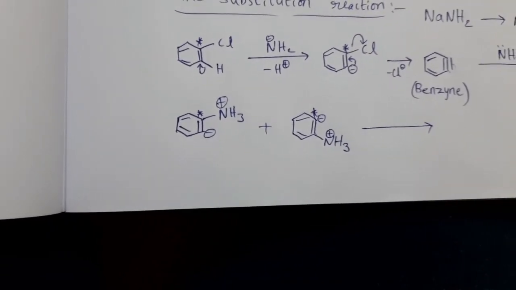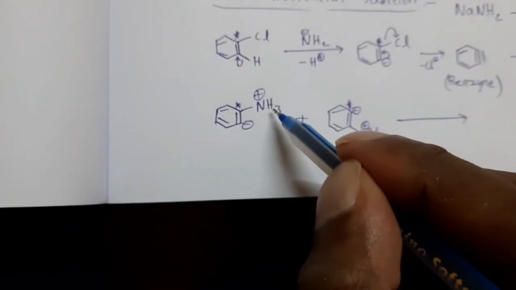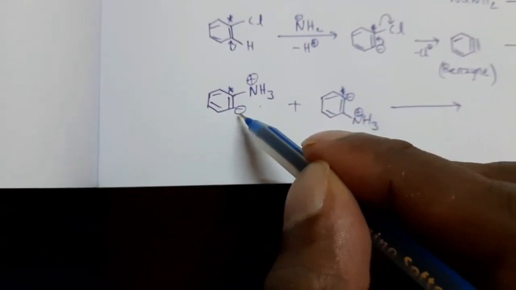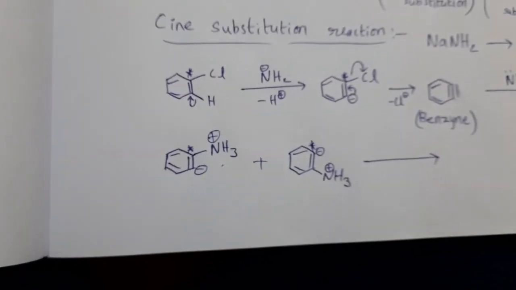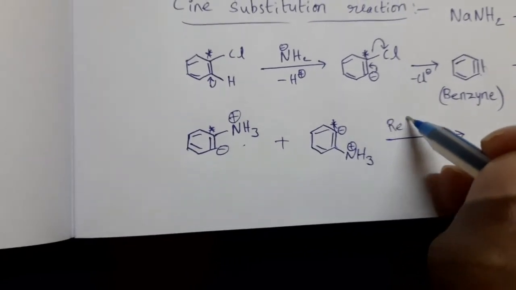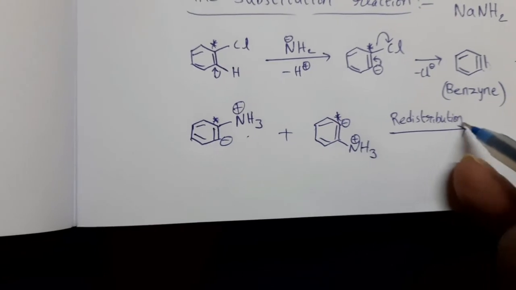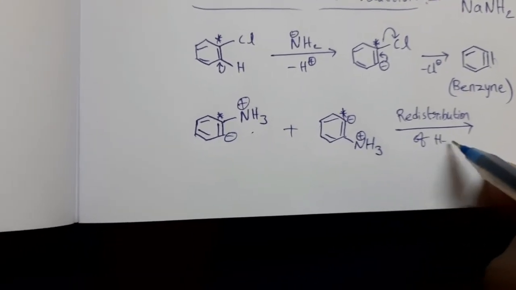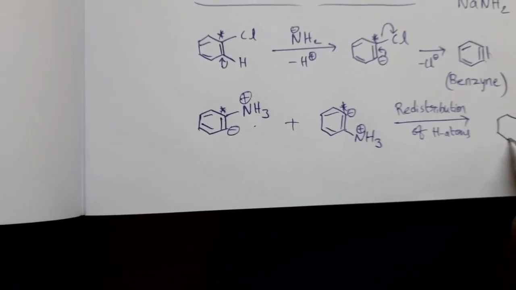Okay. Finally, redistribution of hydrogen atoms takes place. From this, one hydrogen atom is shifted to this position. In this, from this position hydrogen atom shifting takes place. So, a redistribution of hydrogen atoms. Then we get these products.